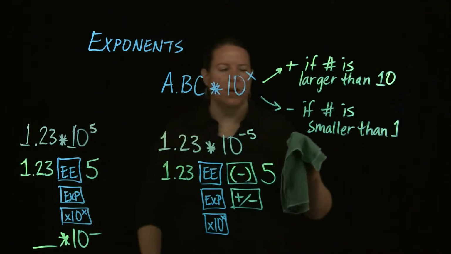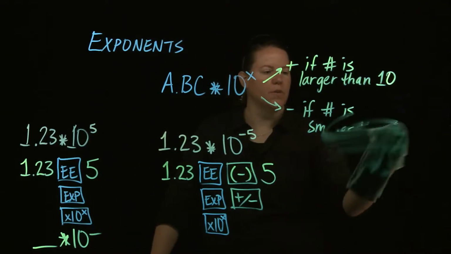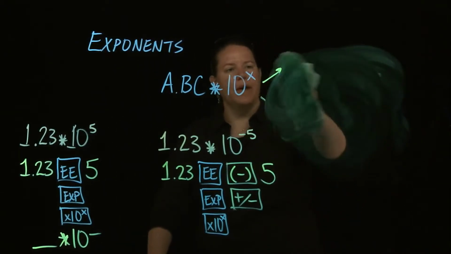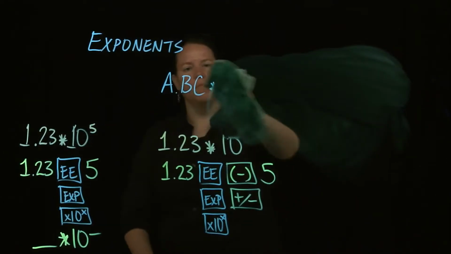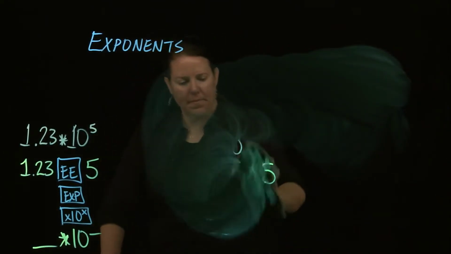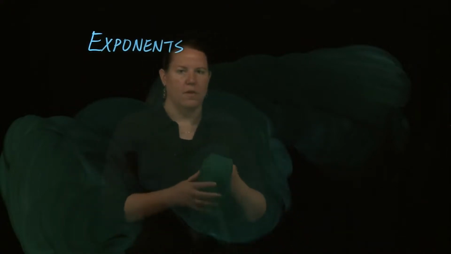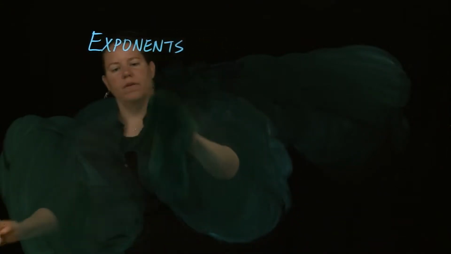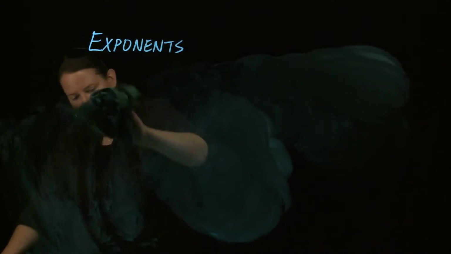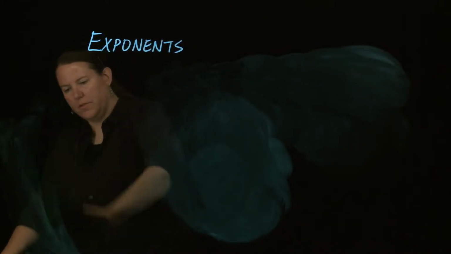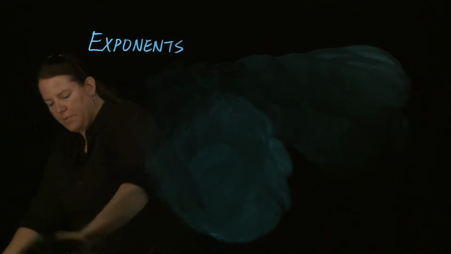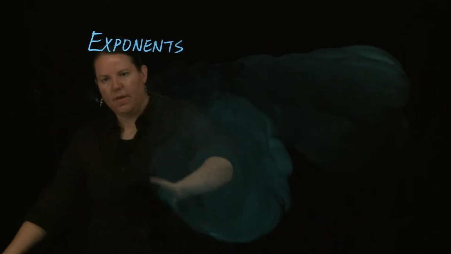So in that case, let's go ahead and erase everything here, and have a moment of clearing our heads for what comes next, because it's a little different in terms of exponents.